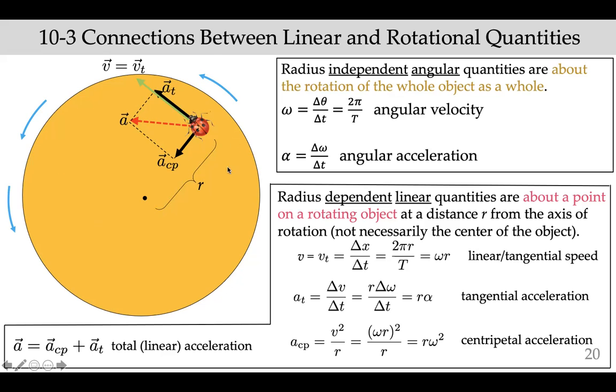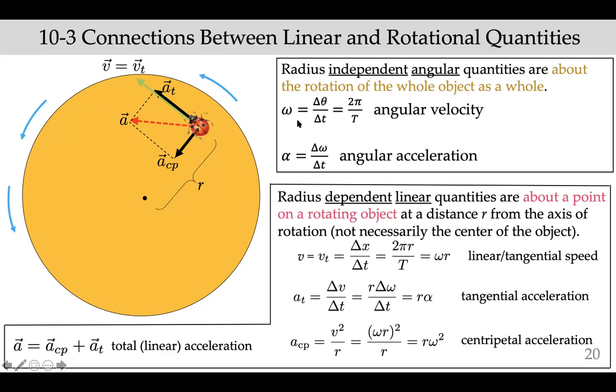This whole object is rotating with a certain angular velocity, or maybe it's even accelerating in the angular direction, so it may have angular acceleration as well. But they don't depend on r, so they're not different for different points on this disk. They're the same for all points.